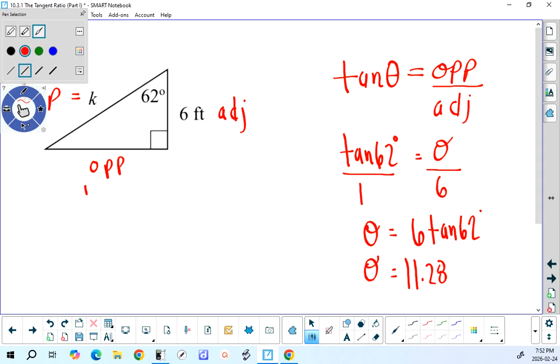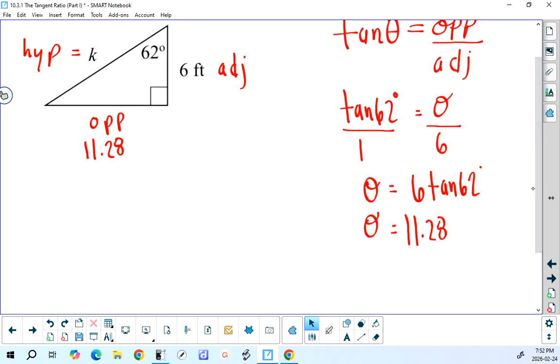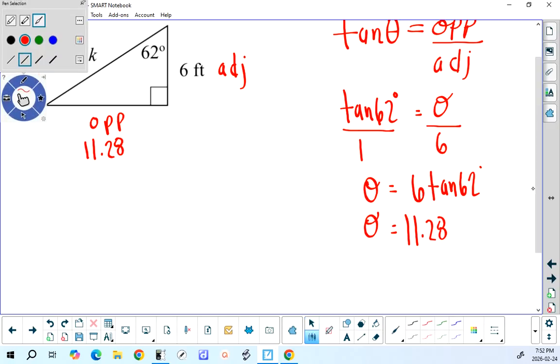So this is 11.28. We used the Pythagorean theorem a fair amount in the previous unit when we were dealing with slant heights of cones and that kind of thing, and pyramids as well. The hypotenuse squared, which in this case the hypotenuse is k. K squared equals 11.28 squared plus 6 squared.